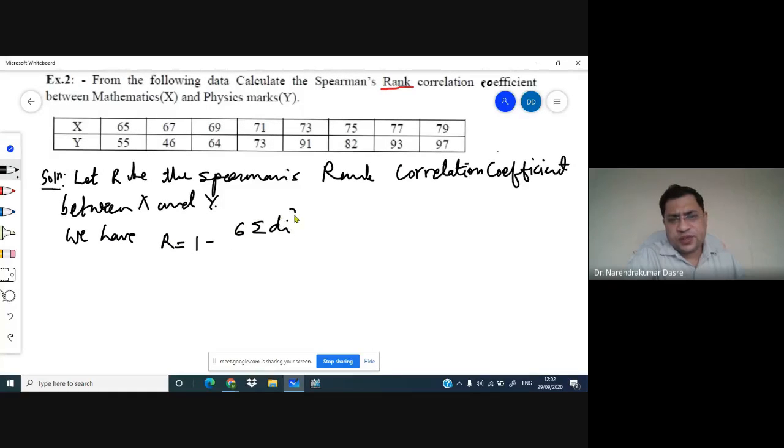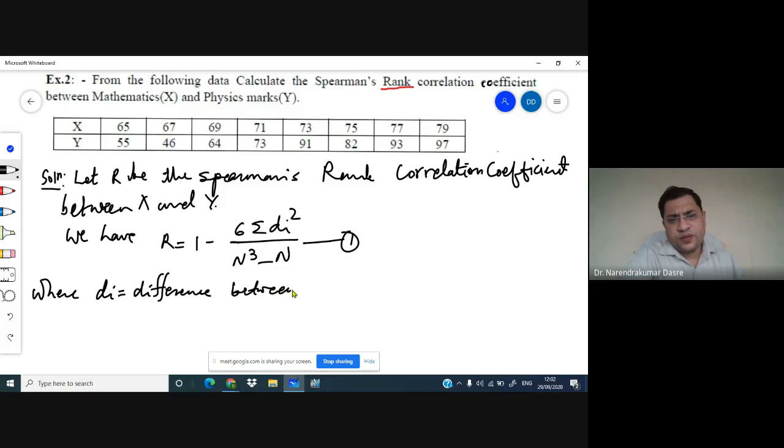This is equation 1. Where di is the difference between the ranks of x and y. And n is the number of observations.